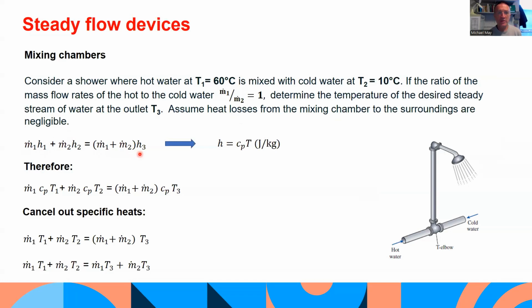So what we're going to do is express the enthalpy in terms of specific heat capacity and temperature, and put that into the equation here. We're going to cancel out the specific heat capacities because they're the same value, and we're left with the temperatures in there. And then we just rearrange it, multiplying T3 into these brackets to clean it up.